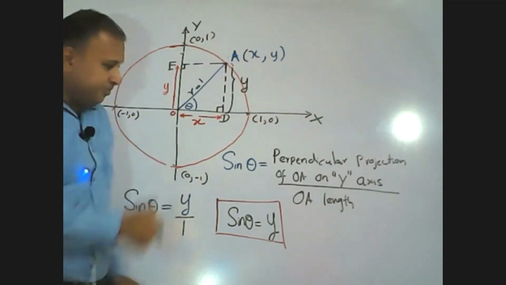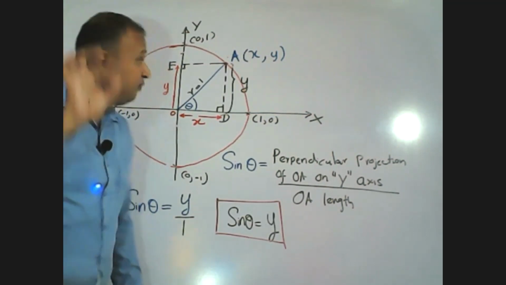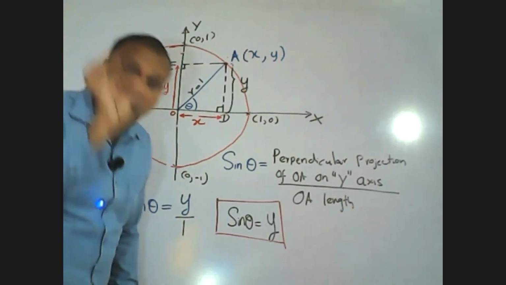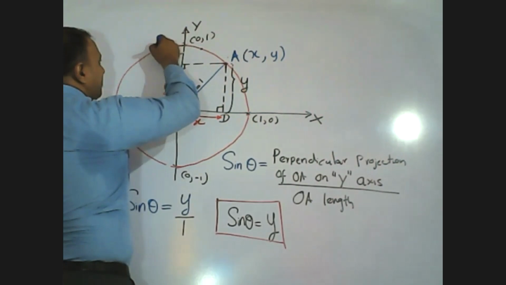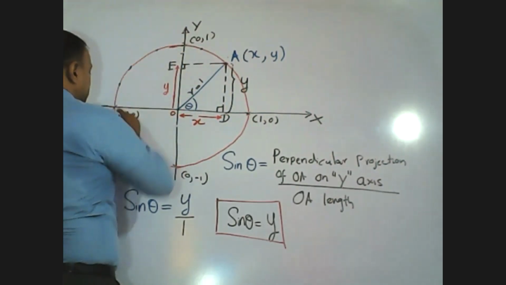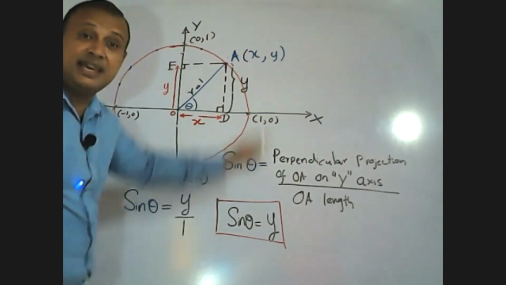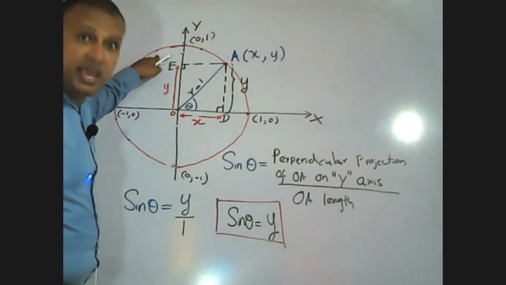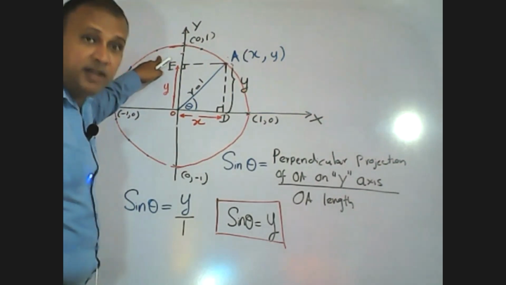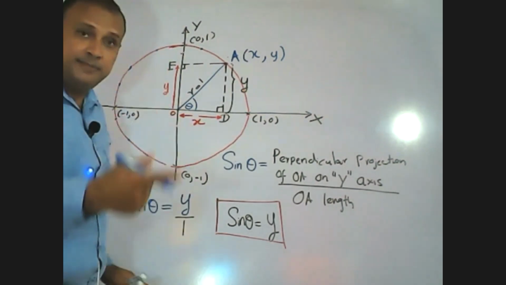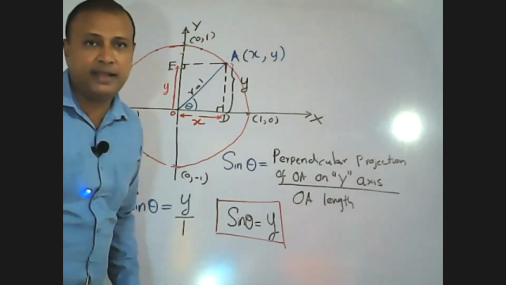That means if you take any point on the circumference, any point on the unit circle, the y coordinate of that particular point represents the sine value of the particular angle.